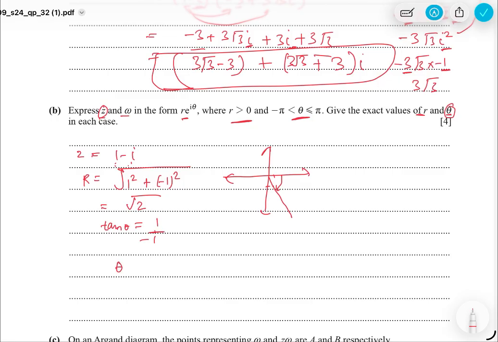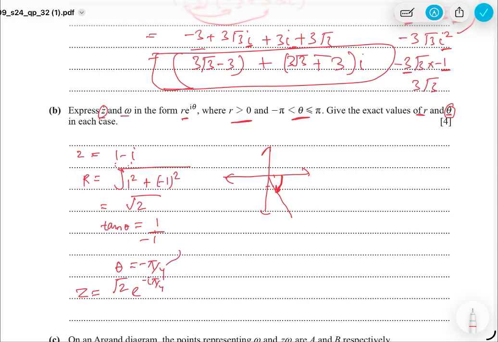Yes or no? So what is the value of theta over here? We are working clockwise. So it would be negative pi by 4. So theta is negative pi by 4. So what would be our z? Z is square root of 2 e to the power negative iota pi by 4.